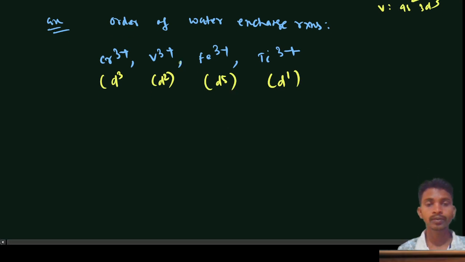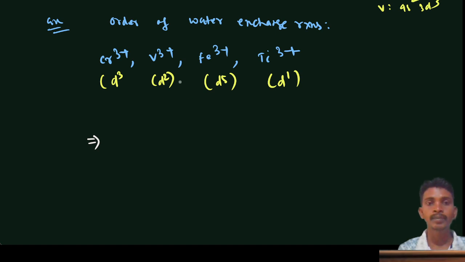Now if you want to arrange water exchange reactions, these are all transition metal complexes. For transition metal complexes, first D2 will come here, because everywhere the size is the same.